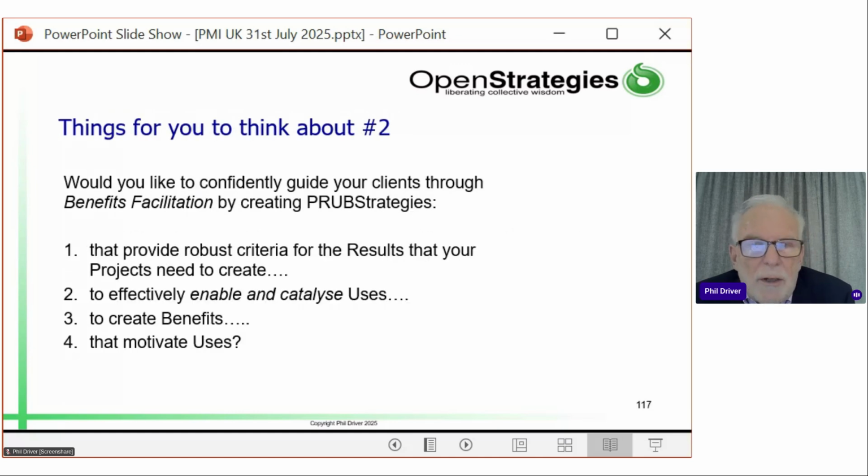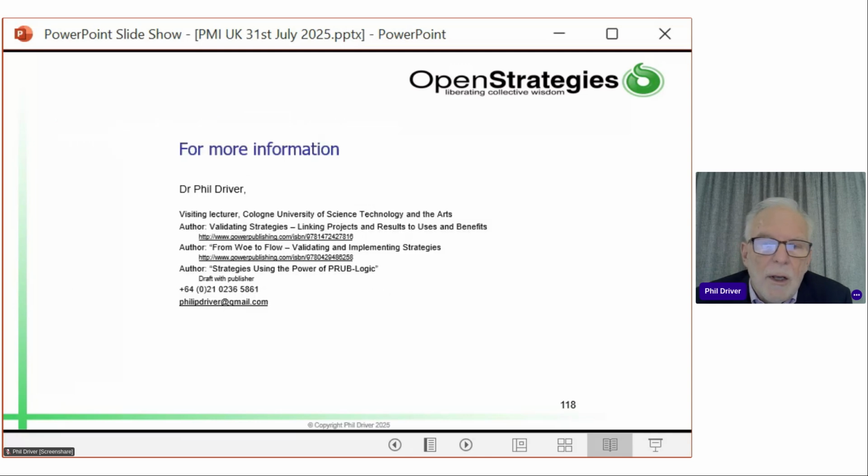And then, would you like to be able to facilitate benefits? Would you like to be able to help your clients create PRUB strategies that then provide really robust criteria for the results that you need to create, that will enable uses, that will create benefits, that will motivate uses? So there we go.